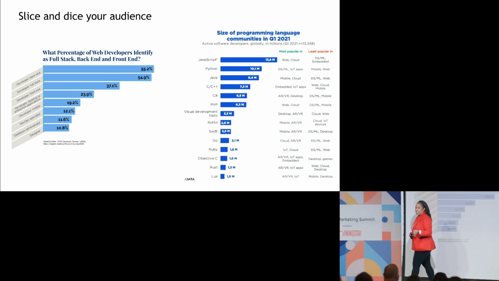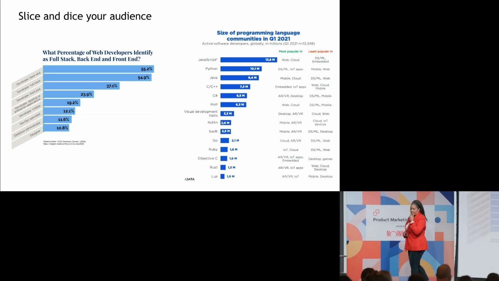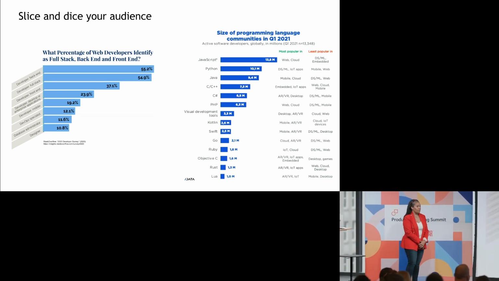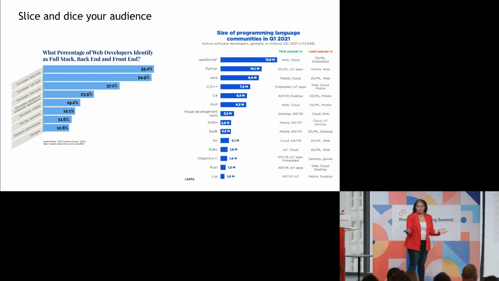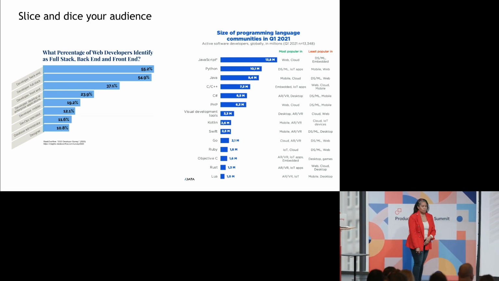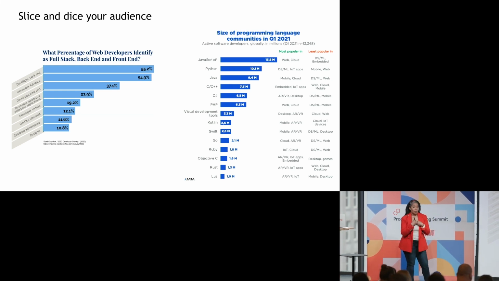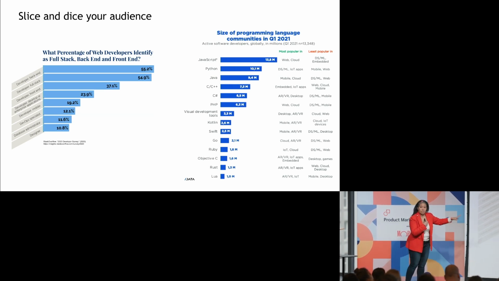Not necessarily by industry, because I don't know very many developers that think of themselves as a banking developer, right? They think of themselves as front end, back end, et cetera. But when we talk about knowing your audience, understand how they think of themselves, not how you think of them, how they think of themselves, and then speak to that. Understand the language that goes into all of the different facets of your targets.